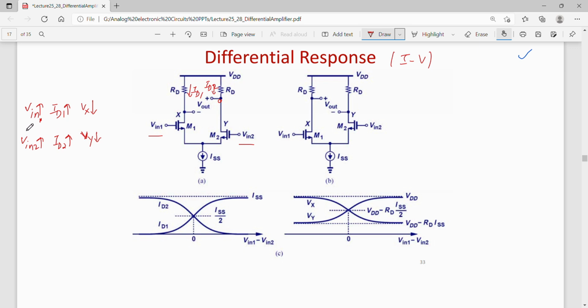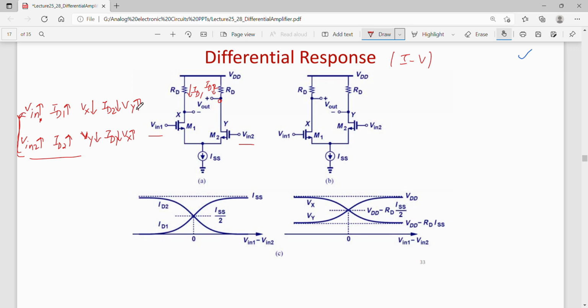Now when Vin1 is increasing, considering both these conditions, in the first case ID2 will come down and Vy will increase. Similarly here ID1 should come down and Vx should increase.